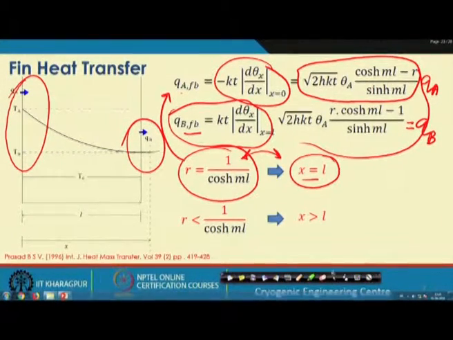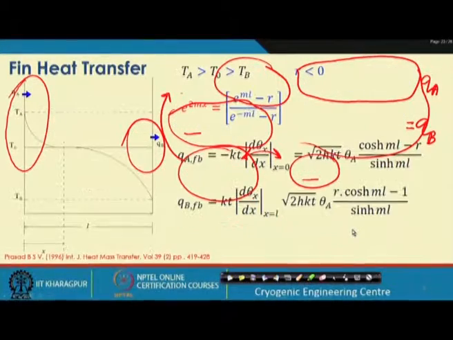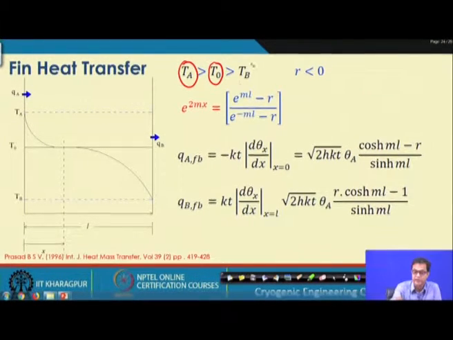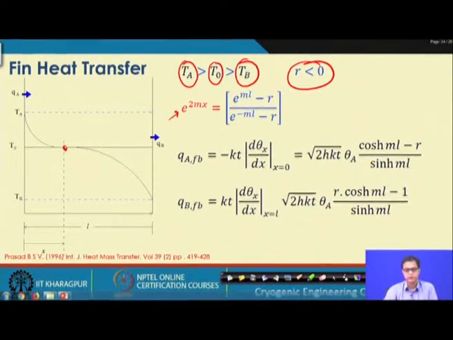But what about the next case, where we find that this temperature is intermediate to the plate temperatures T A and T B? In this situation the R value is less than 0, and this corresponds to the situation where x is at some intermediate point, correlated to this temperature ratio R by this relation.